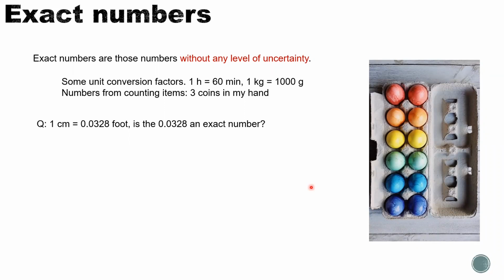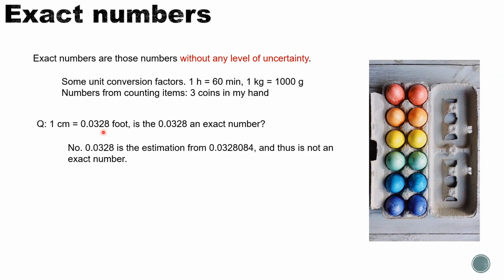If I tell you 1 centimeter equals 0.0328 foot, is this number 0.0328 an exact number? No, it's not an exact number because this unit conversion factor is a round-off from 0.328084. So it has uncertainty with it and is not an exact number.